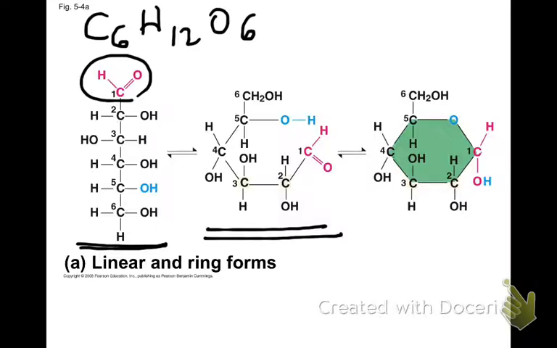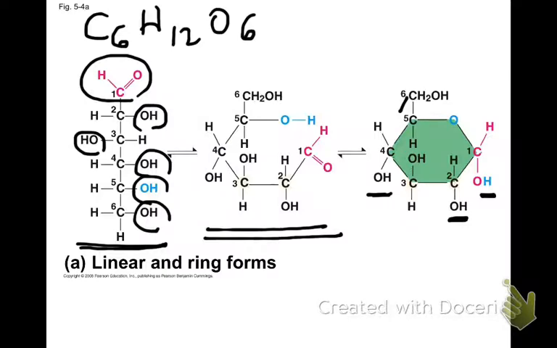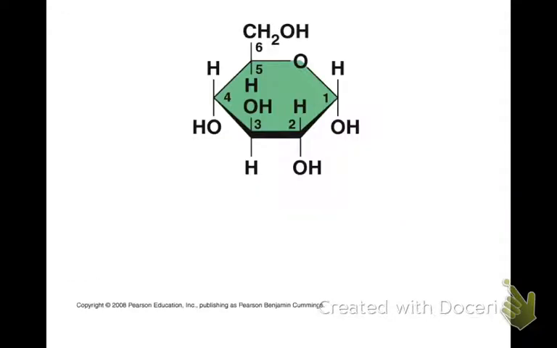And also to be noted, all of the hydroxyl groups on the right side are falling down like a drop down stick. And this also is considered a drop down stick. All of the hydroxyl groups which are on the left are up, above the ring. Okay, so numbering is clear and the positioning of the hydroxyl groups is clear.